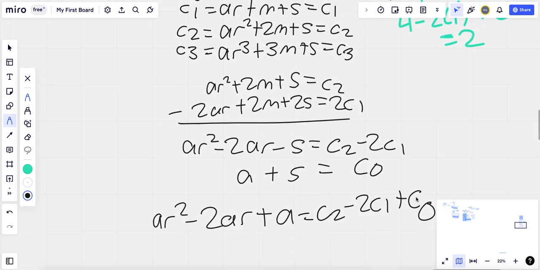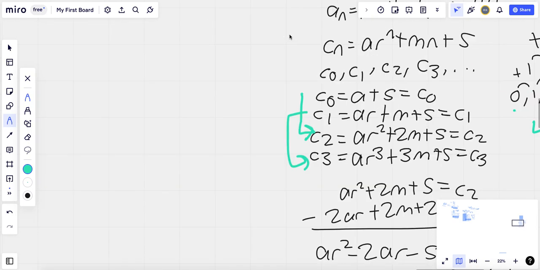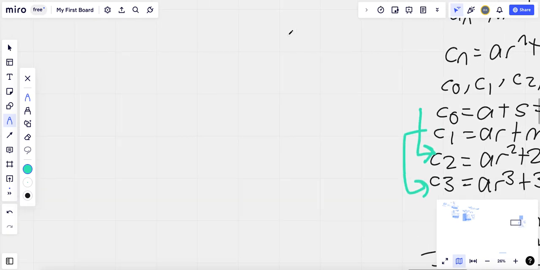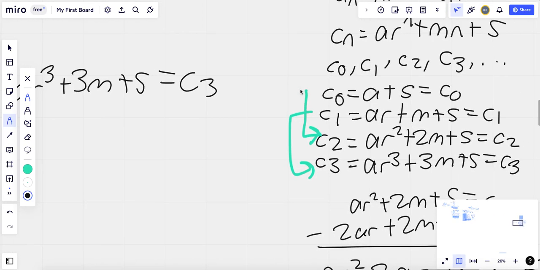R by just doing the same thing, but instead of doing it from C0 to C2, we now do it from C1 to C3. So let's do that. So this is just rewriting C3, and then 2 times C2.